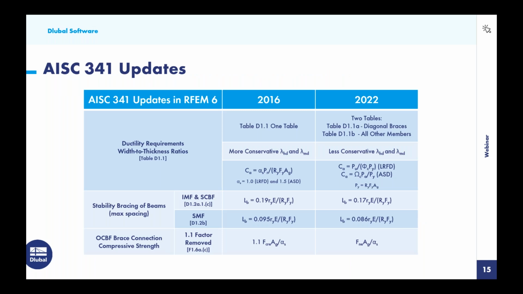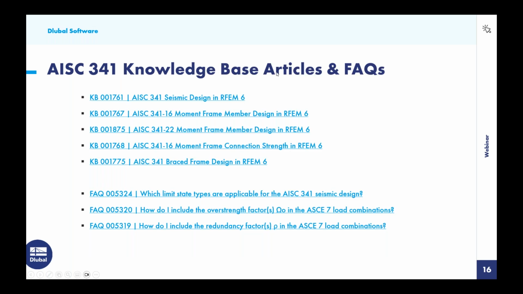And finally, we won't go through this in detail, but you can certainly pull this open in the PowerPoint PDF that is attached to the GoToWebinar and also available on our website. If you want to take a look at what has changed within the 341 between the 2016 and the 2022, relevant to RFEM only, there are just a few applicable changes here. And you do have the ability to carry out these 341 checks for both versions within RFEM 6.